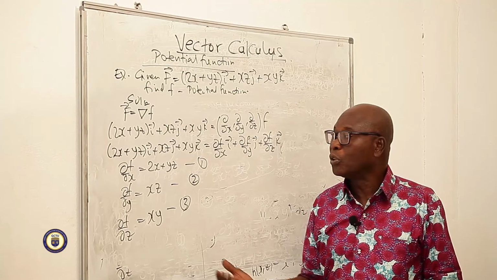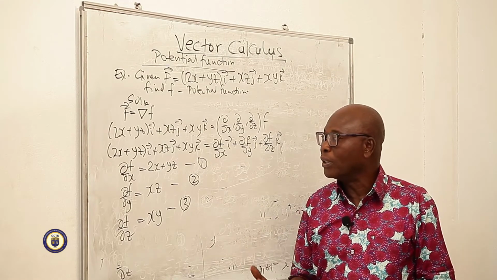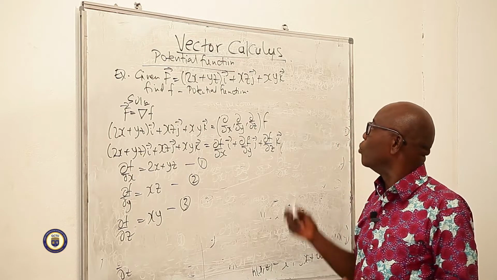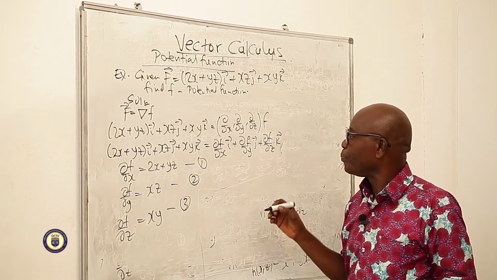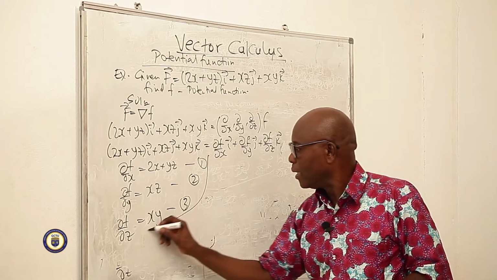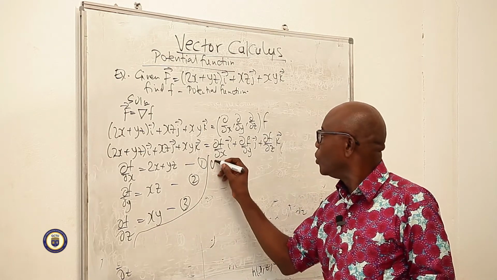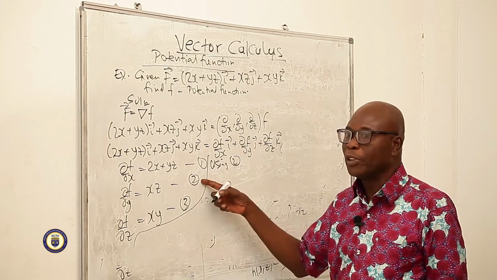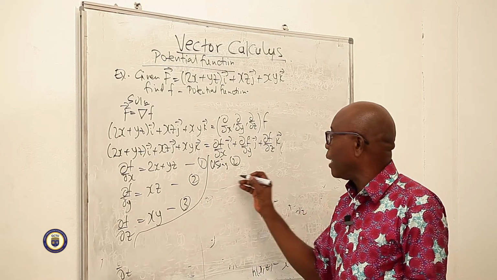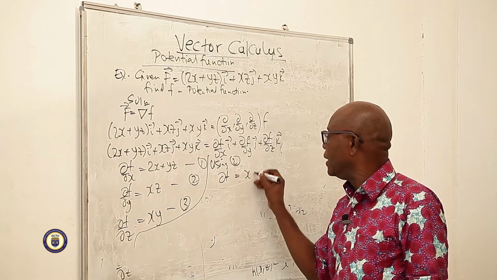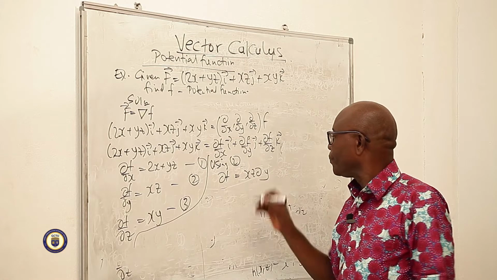And so we can choose any one we want. Let's choose number 2. So using 2, we can cross multiply. If we cross multiply, the left side we have partial f equal to xz partial y.